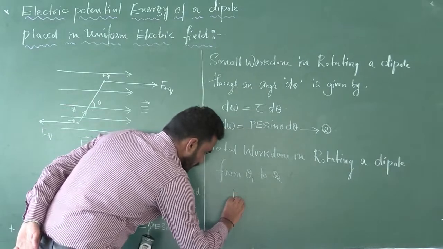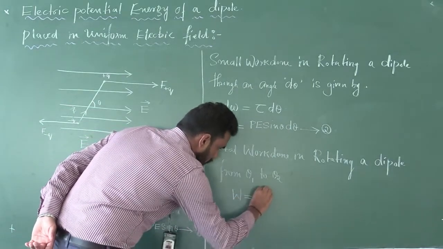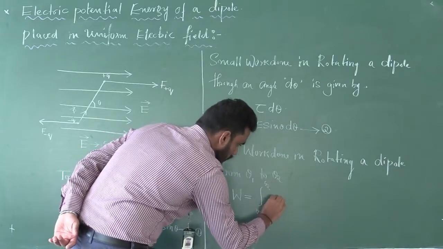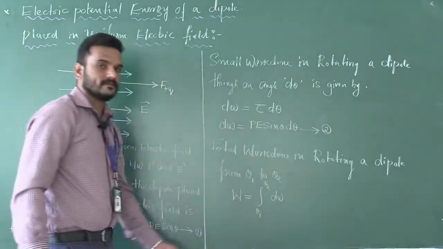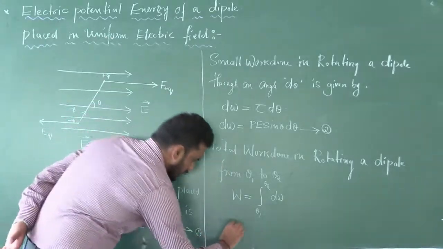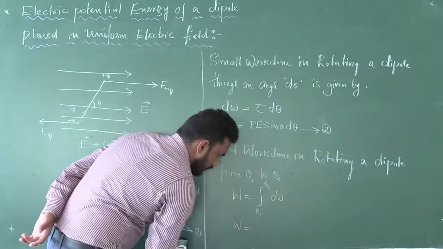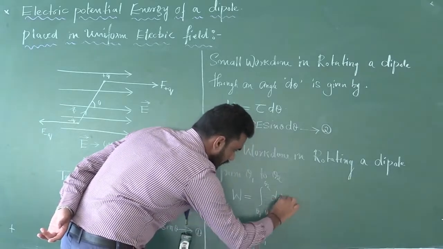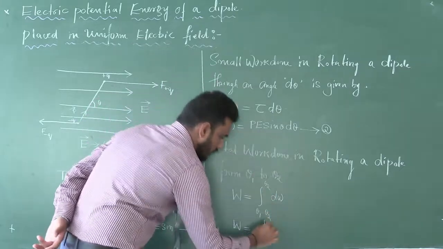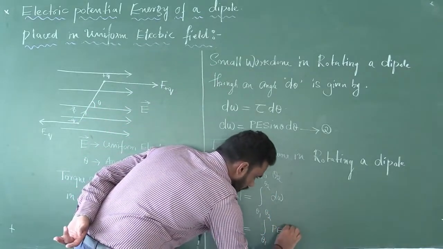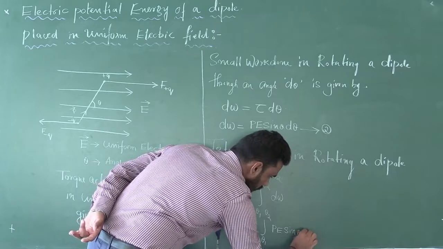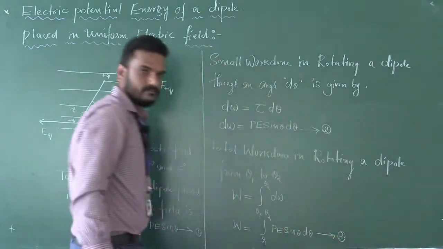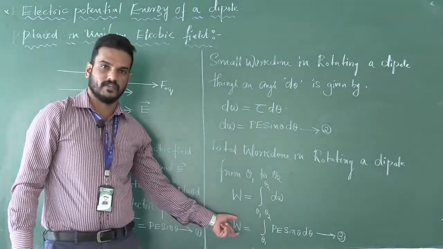So total work done, capital letter W, is equal to integration from where to where? Theta 1 to theta 2. And we have already calculated small amount of work done. Then W is equal to integral from theta 1 to theta 2. What is dW? dW we already calculated, that is PE sin theta into d theta. Equation number 3. So we have to simplify this equation now.